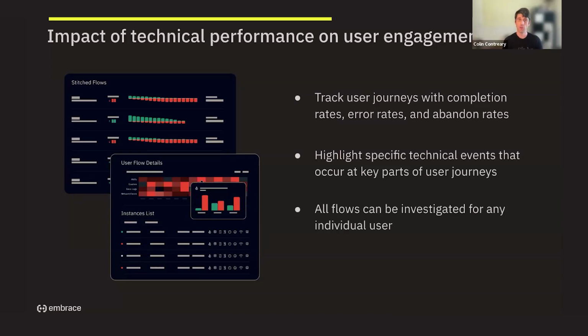With Embrace, you can create user journeys and track which ones complete and which ones fail due to possible technical reasons as opposed to user choice. That way you understand whether it's a design decision we should look into, maybe we need to change how the product looks, versus are we not delivering good enough performance for users to continue using our web app. Even better, you can also see these technical events in context, and you can investigate the specific flows for any individual user. So again, getting back to that full user session context.